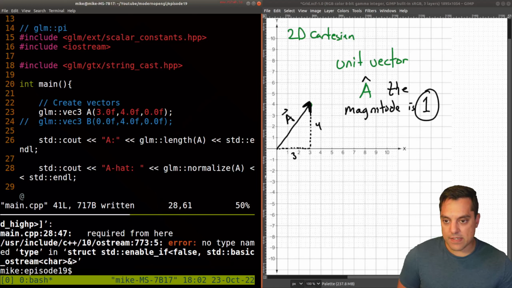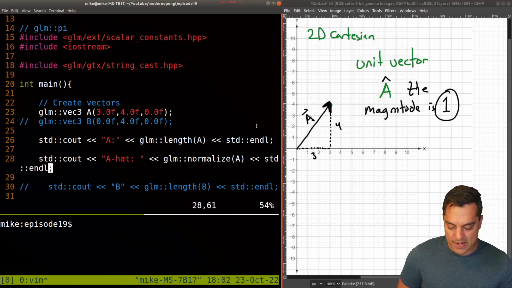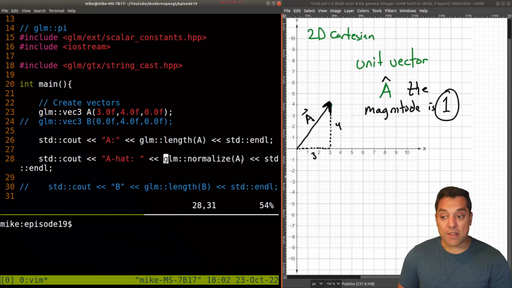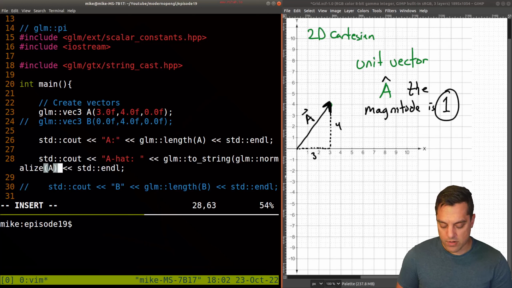Oops, we're getting all these template errors, so sorry. Give me 1 second here. I believe in the last video, we can't just print out the vector, so we need to do glm toString for our vector.